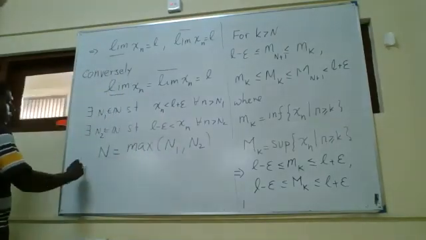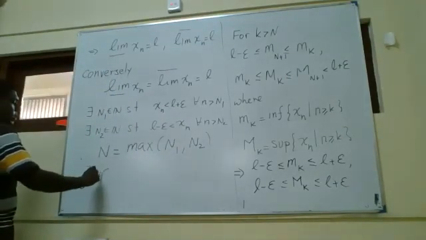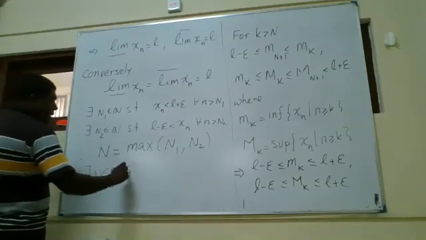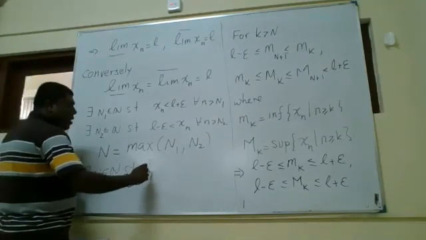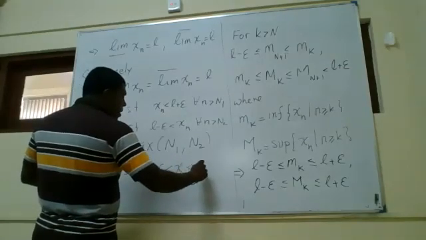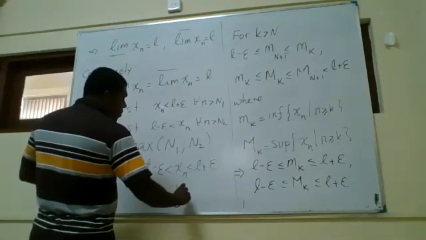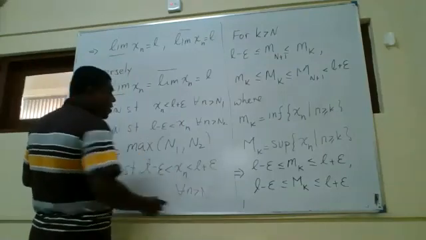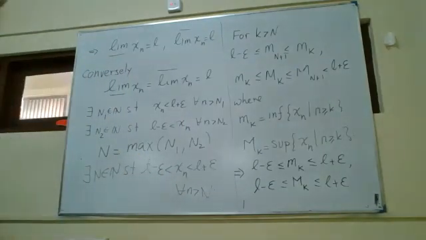In that case, L minus epsilon is less than Xn less than L plus epsilon for all n greater than N. So for every epsilon positive, there exists N belonging to the natural numbers such that L minus epsilon is less than Xn less than L plus epsilon.